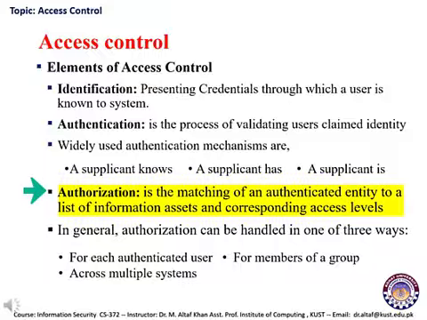And authorization is the matching of an unauthenticated entity to a list of information assets and corresponding access levels. Dear students, in general, authorization can be handled in one of three ways. The first way of authorization is that which is specific for authentication of each user.